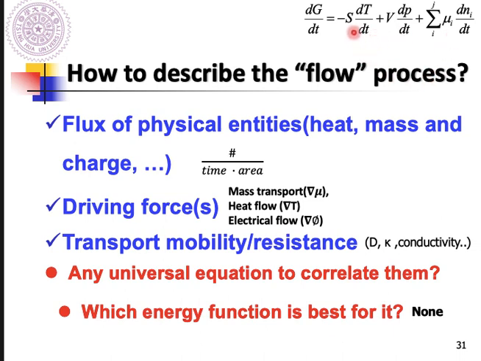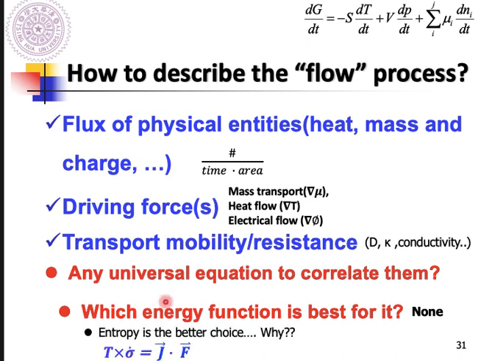You can see that there is a negative term and a positive term, so you need to figure out each of them and sum them up. This is a little bit complicated for determining the value of dG over dt.